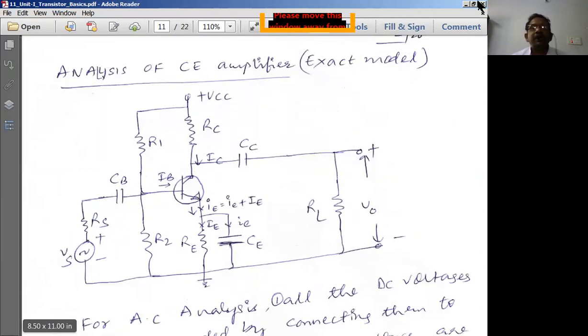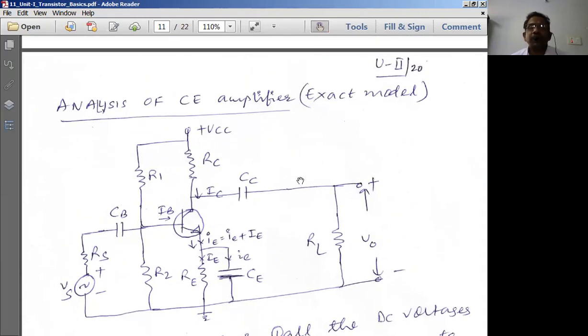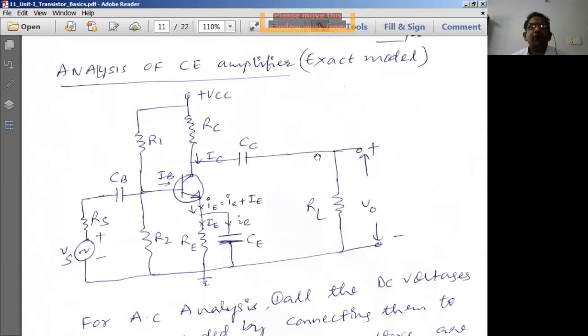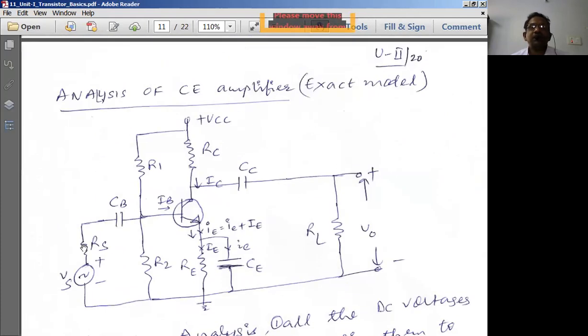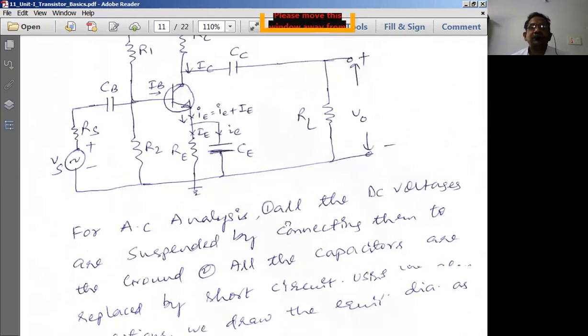So finally, we should derive the H parameter model. To derive the H parameter model, we have to apply the AC analysis to the CE amplifier. The earlier analysis is nothing but the DC analysis, where we consider only the DC currents and DC voltages. Now for AC analysis, we always consider only the AC currents and AC voltages.